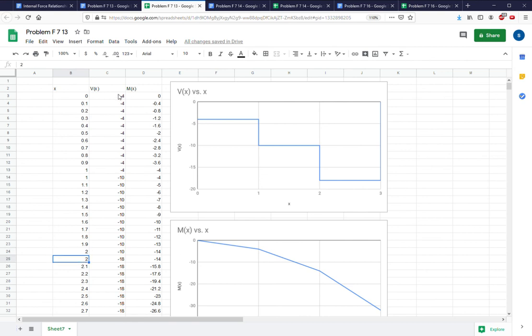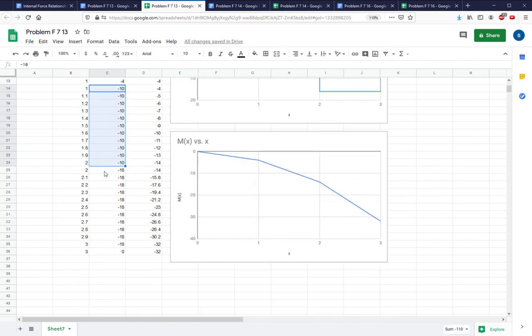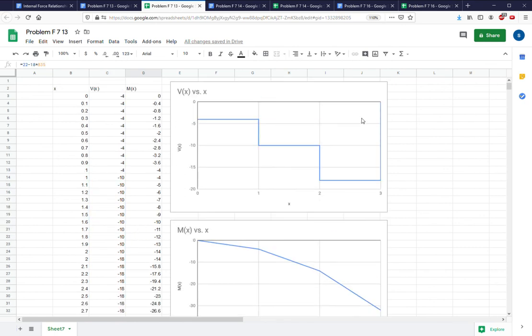Now for v of x, V of x for the first segment was -4. For the second segment it was -10, and the third segment it was -18. And then I also said because of the reaction at A, it jumped up to 0, but that's not really that important.